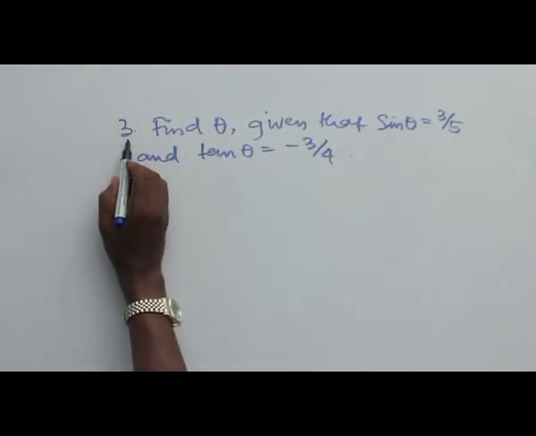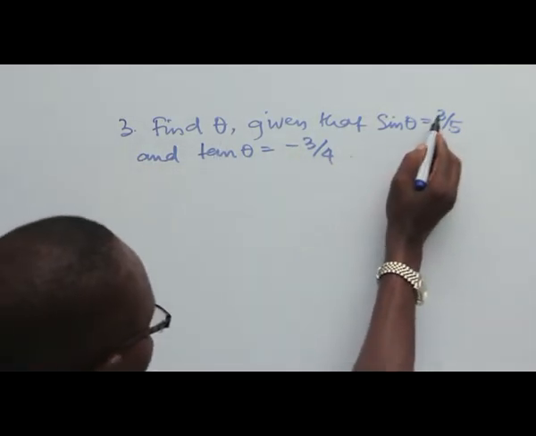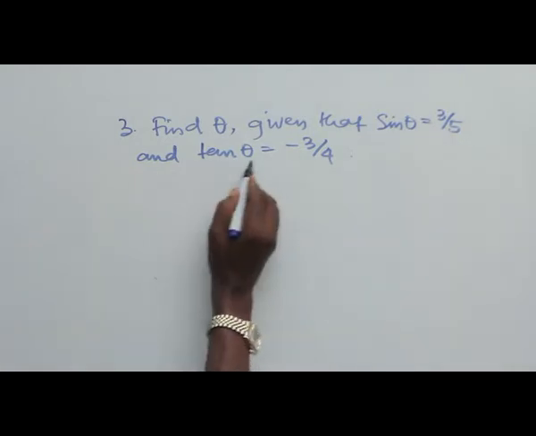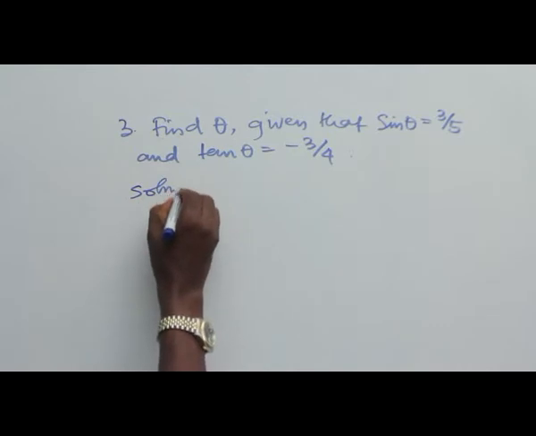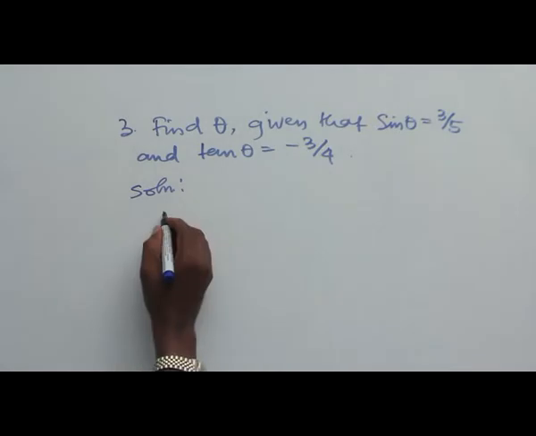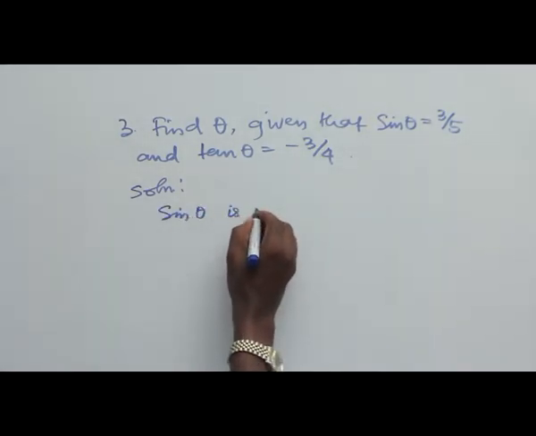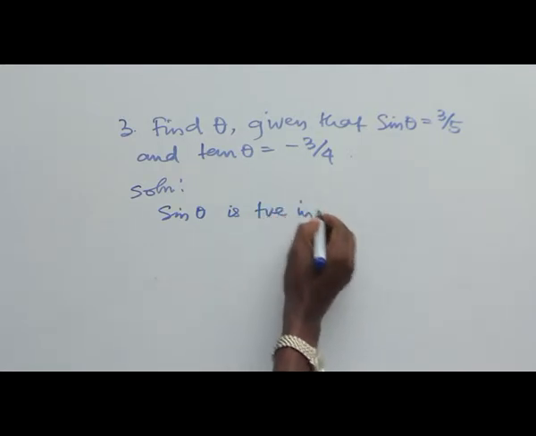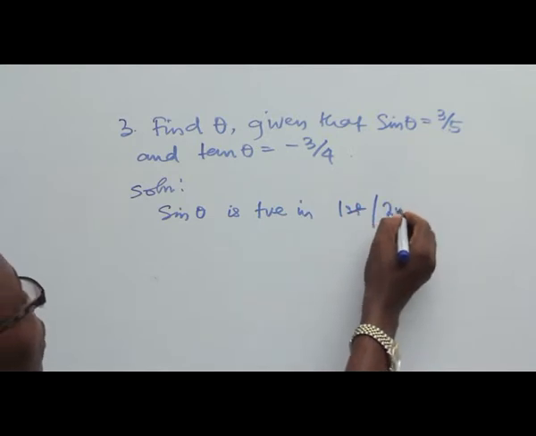Example 3. Find theta, given that sin theta is equal to 3 all over 5 and tan theta equal to minus 3 all over 4. Our solution. First and foremost, we have to identify the quadrant that sin theta and tan theta belong. From what we can see, we know that sin theta is positive in the first and of course the second quadrant.